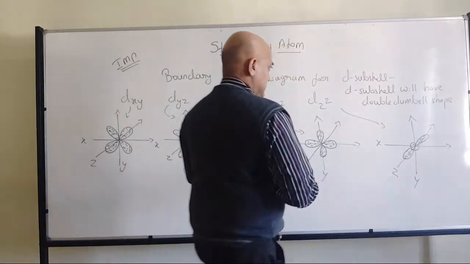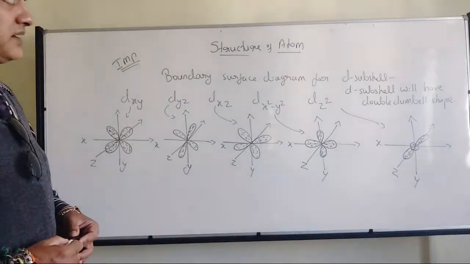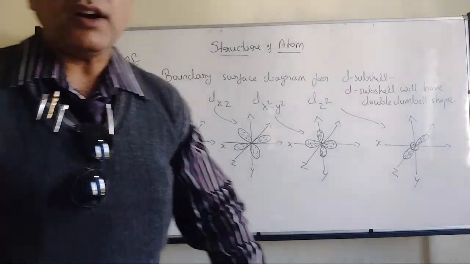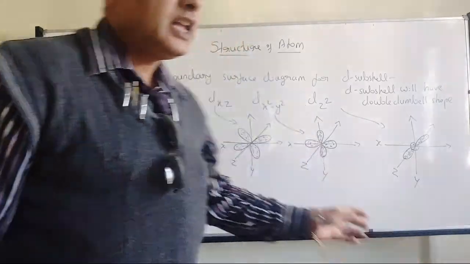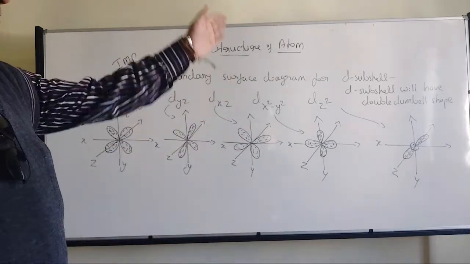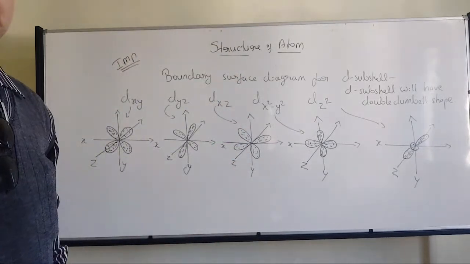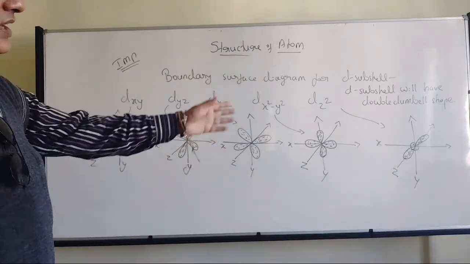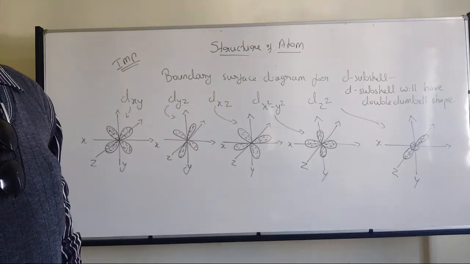Okay? So that's where we have the dz square. All of you have understood? If I want to take it as a straight line, you can take it. But you should label the z axis as a straight line. Okay? Since I have taken z line like this, therefore I have shown in this way.